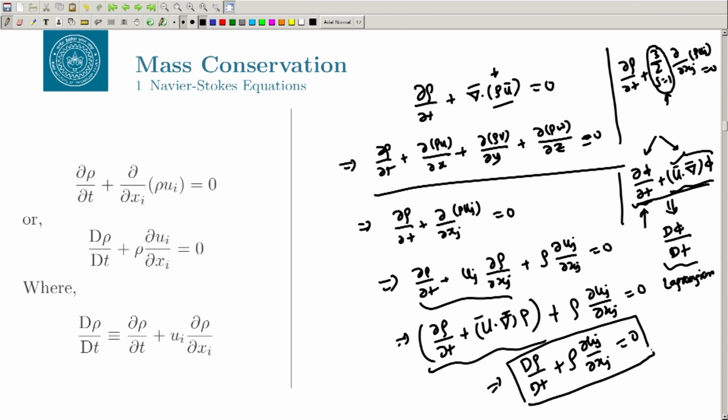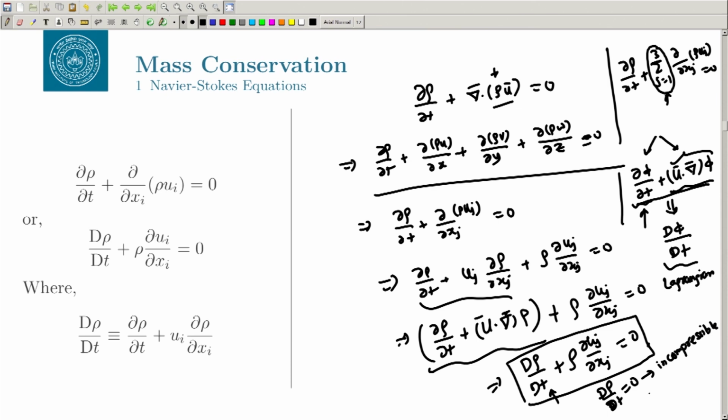Now, d rho by dt: if you go to incompressible flow, by definition the change of density following a streamline, the total change of density, is 0. So d rho by dt will be 0 for incompressible flow.